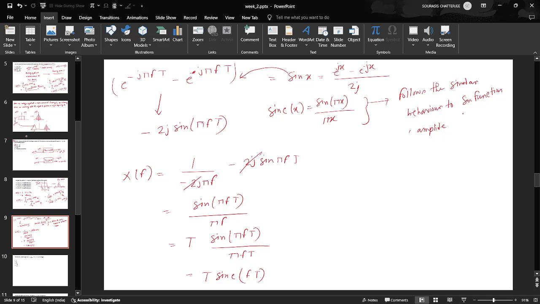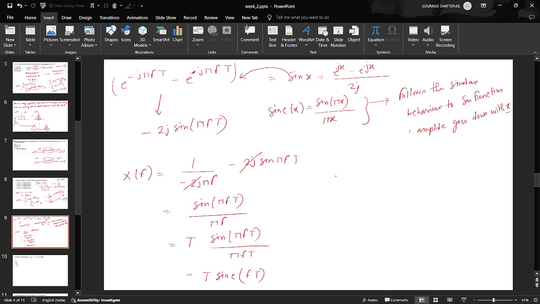Unlike the sine function, the amplitude goes down with x. So the sinc function shows similar behavior to the sine function, but unlike the sine function, its amplitude also goes down as x increases.